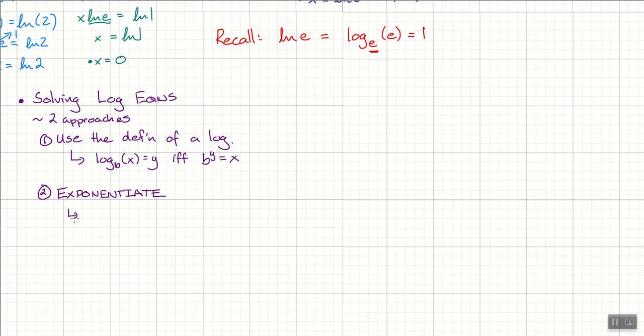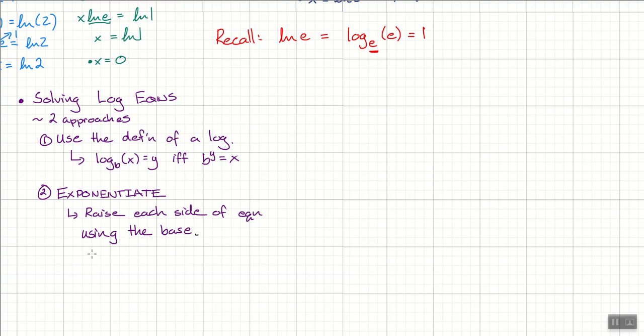Now, with algebra, remember, as long as we do the same thing to each side of the equation, everything shakes out okay. So when I talk about exponentiating, I want to undo a logarithm. And I can do that using the inverse property, where we're going to raise each side of the equation using the base.